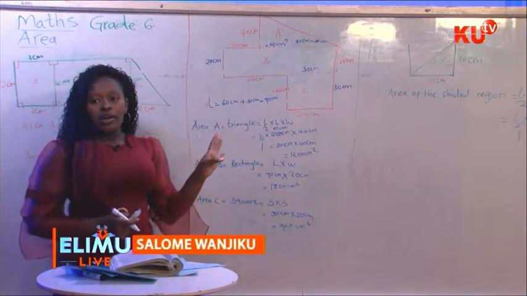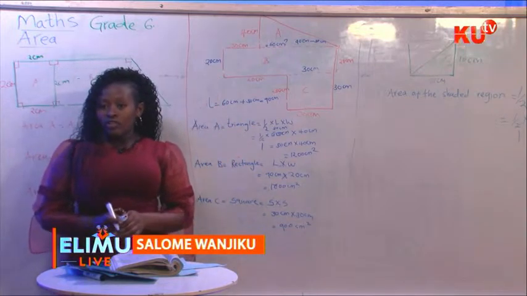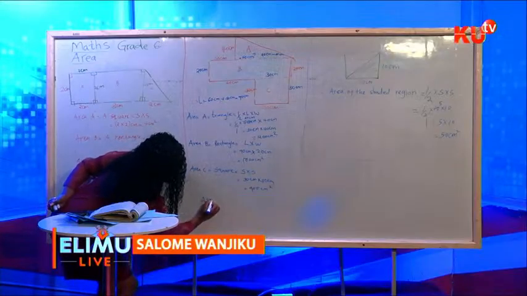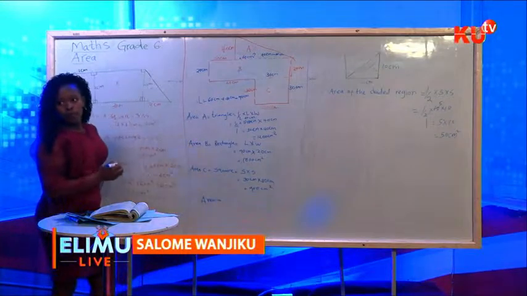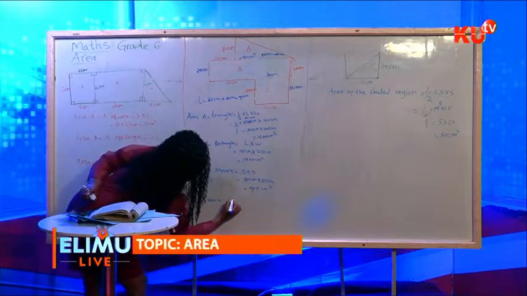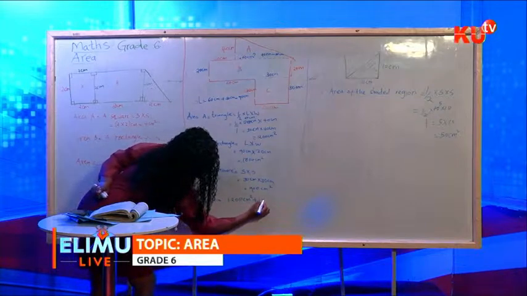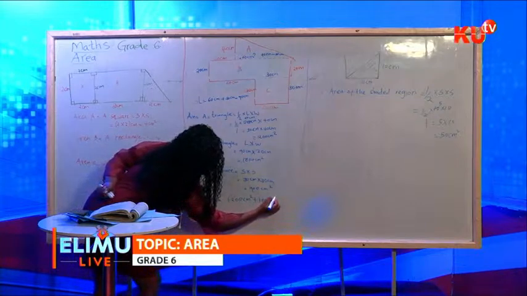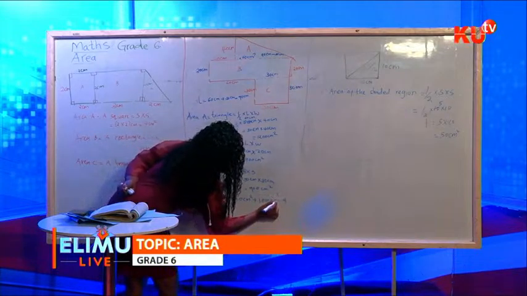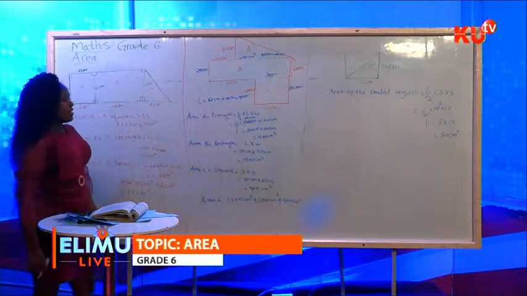So for us to get our answer correctly, we need to add the 3 areas that we have gotten, which will be area is equal to 1,200 centimeters squared, you add 1,800 centimeters squared, and then you add 900 centimeter squared. Are we together, learners?